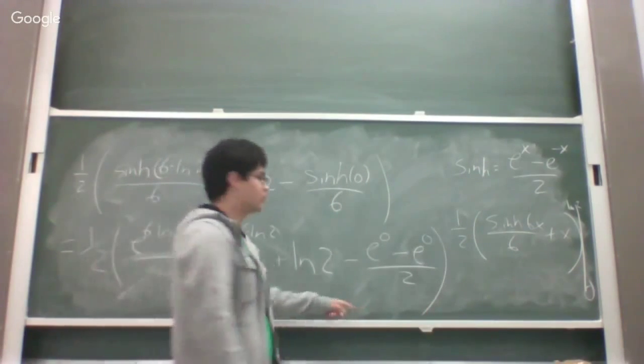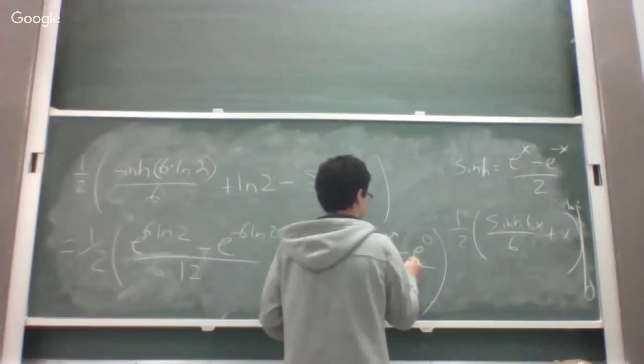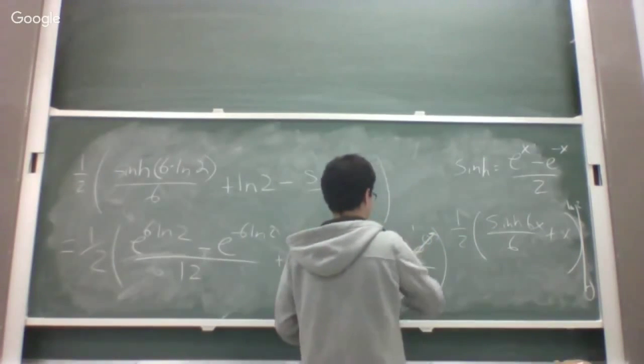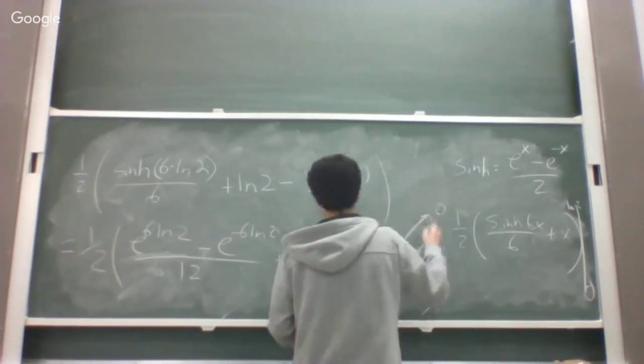This would go to 0 because this is 1. That is 1. So everything goes to 0.